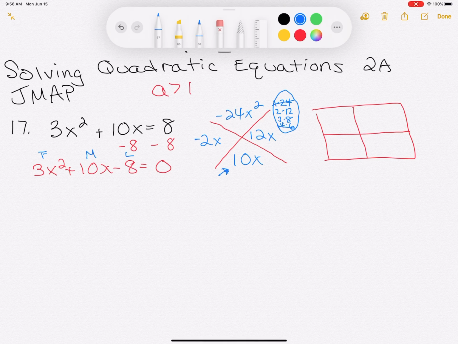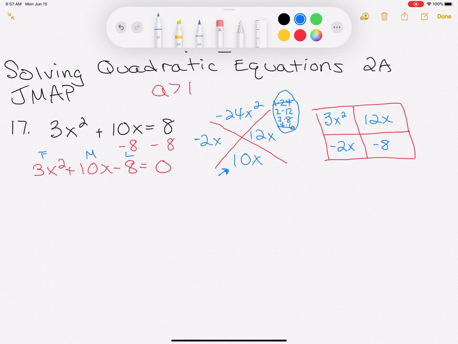So now I'm going to fill in my boxes. The first term is going to go on top. The last term, which is negative 8, is going to go on that bottom diagonal. And then I'm going to put the two sides in, and it doesn't matter what order you put them in.